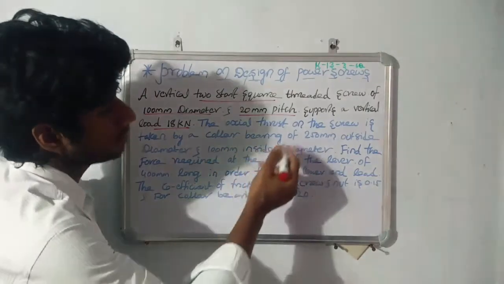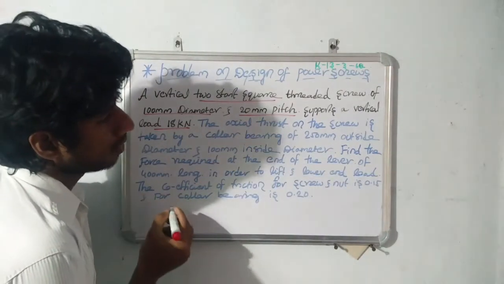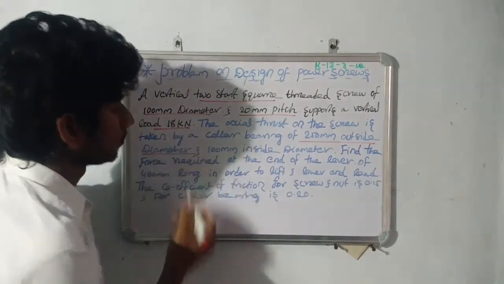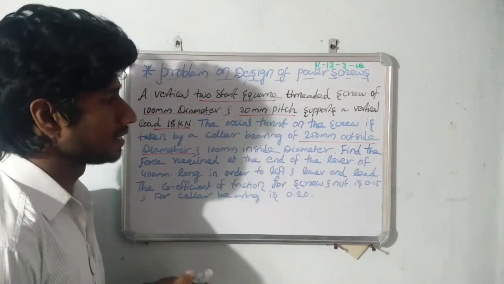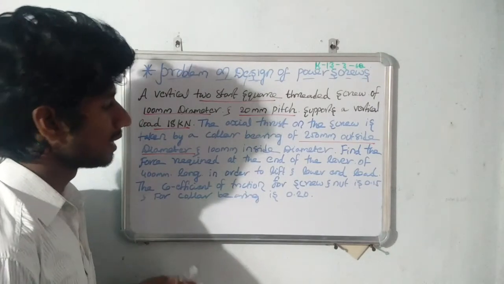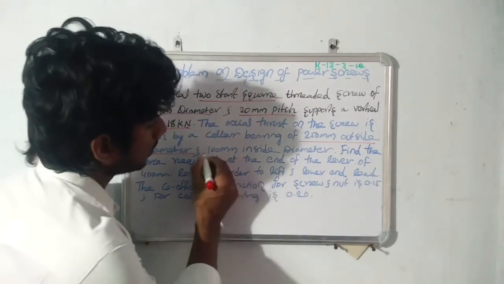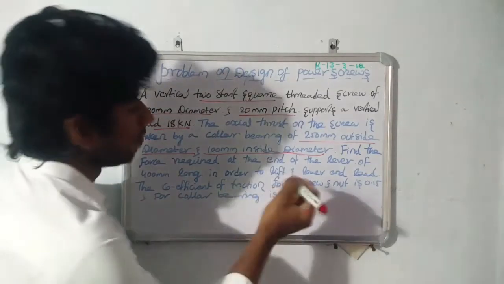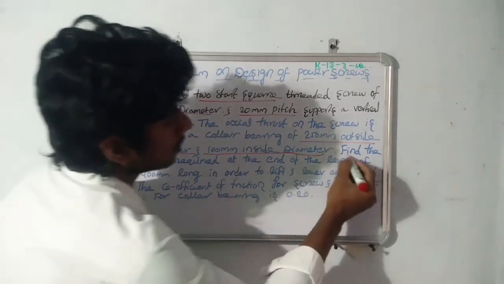The axial thrust on the screw is taken by a collar bearing of 250 mm outside diameter and 100 mm inside diameter. Find the force required at the end of the lever.